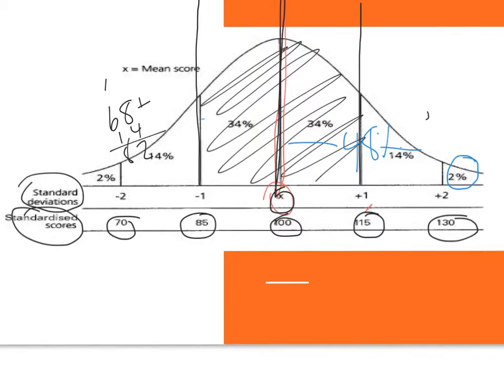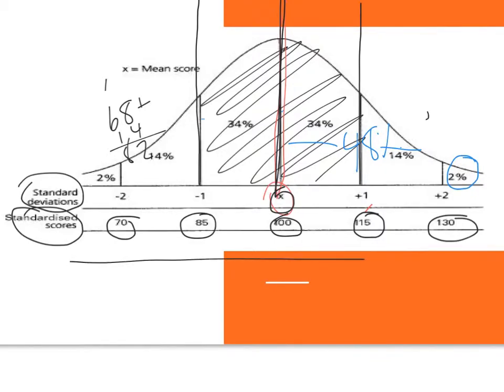So 84% of the population, since it's a normal distribution, scored below Bob's score, and information like that. Now, if 84% of the population scored below Bob, that means that Bob is at what percentile?